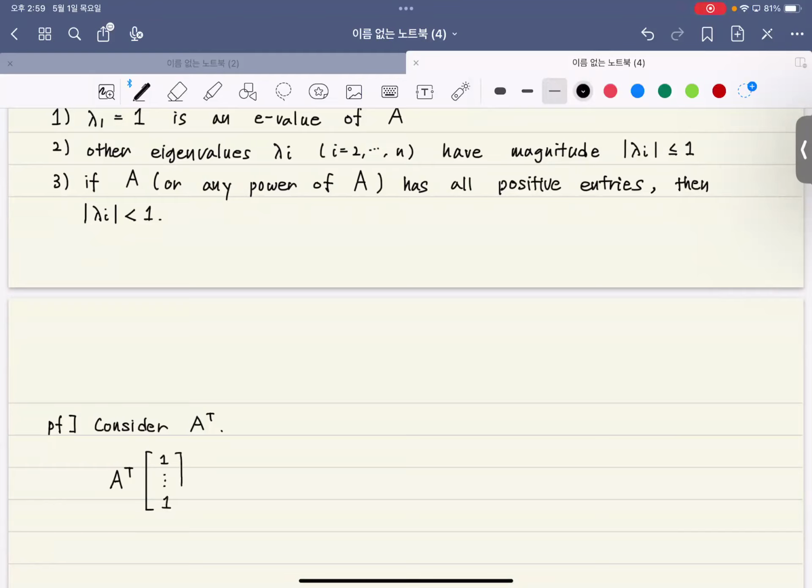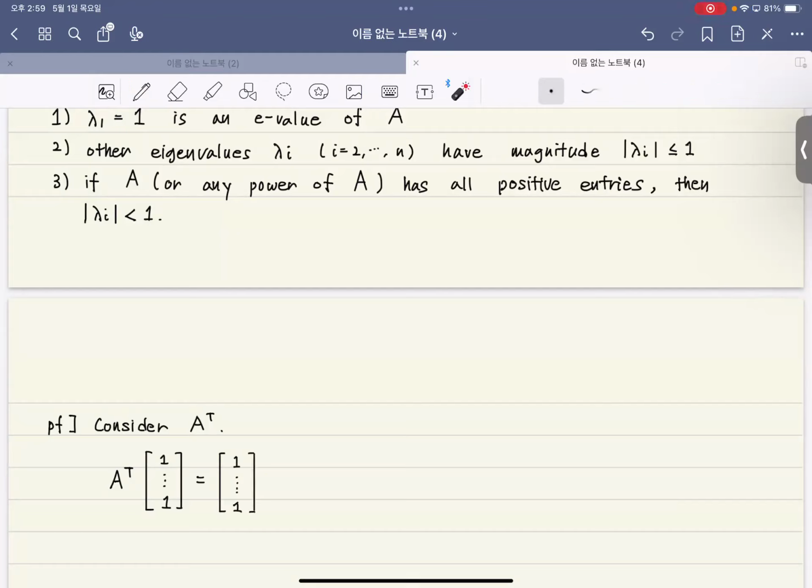Let me multiply a column vector whose entries are all 1s. Then what do you think is the answer? It's just the same thing.